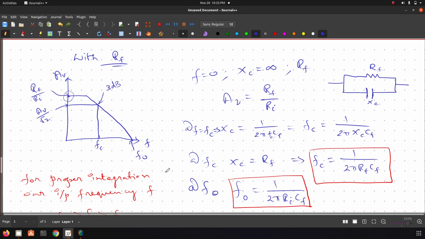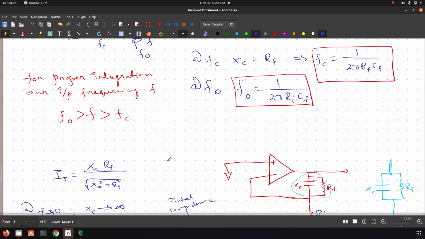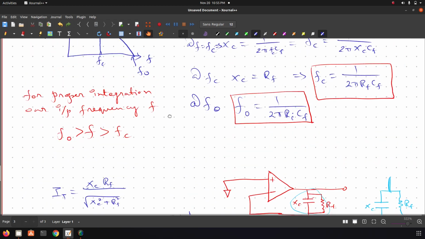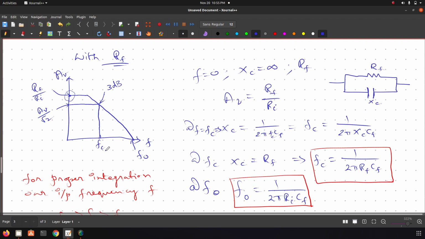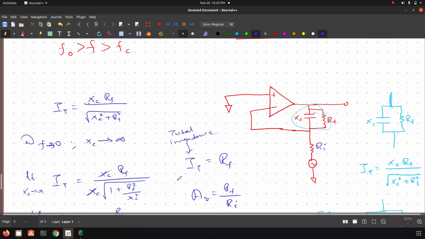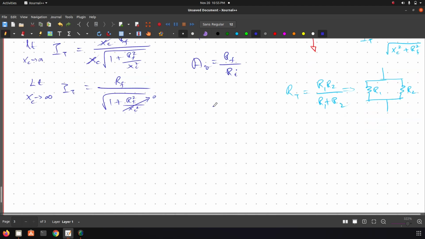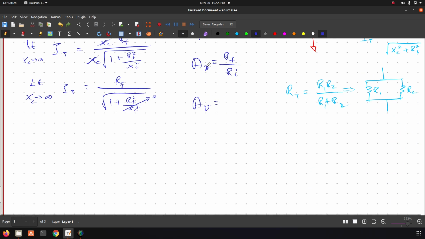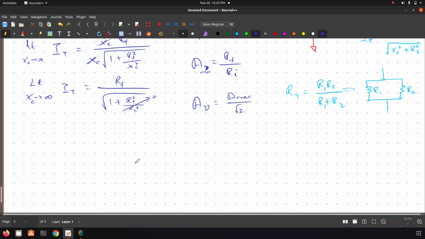Let's see what happens at the critical frequency, or the cutoff frequency. We have to prove that our AV is A max divided by root 2, where A max is the maximum value.